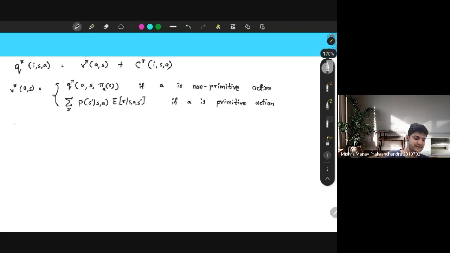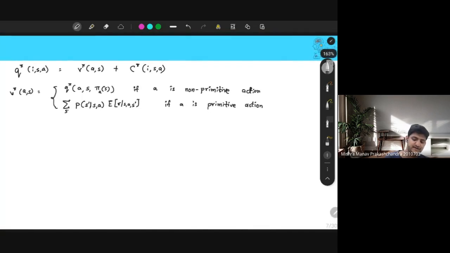So in a way, you can think of it as, with this definition, we can start by defining the value function for the core MDP, so for the 0th subtask. The value function for the 0th subtask is simply the completion function for 0, s, a1 plus v pi of a1 comma s.